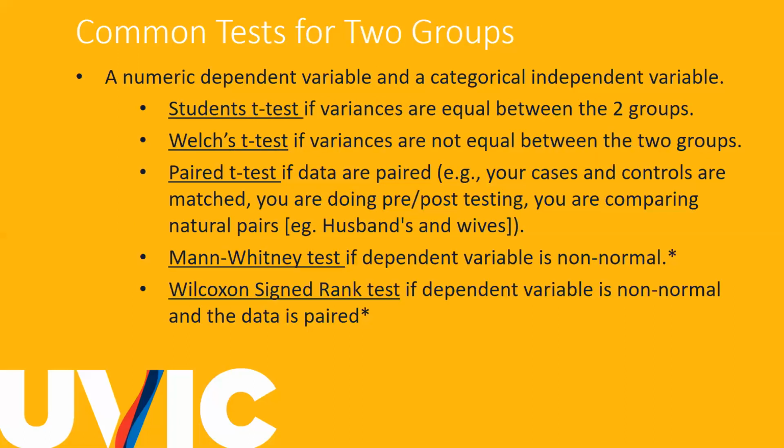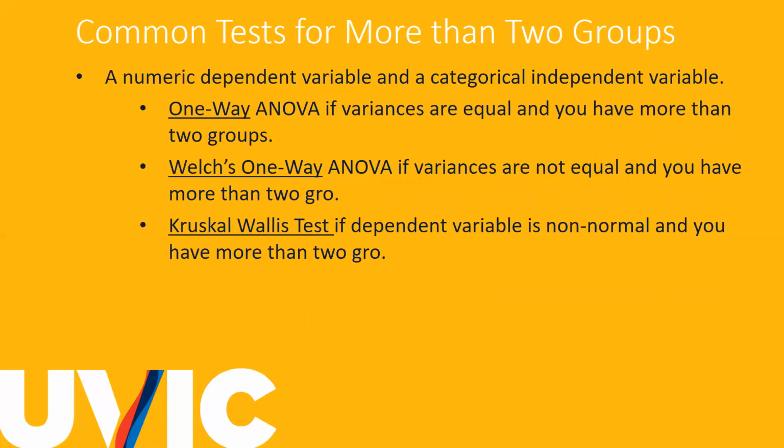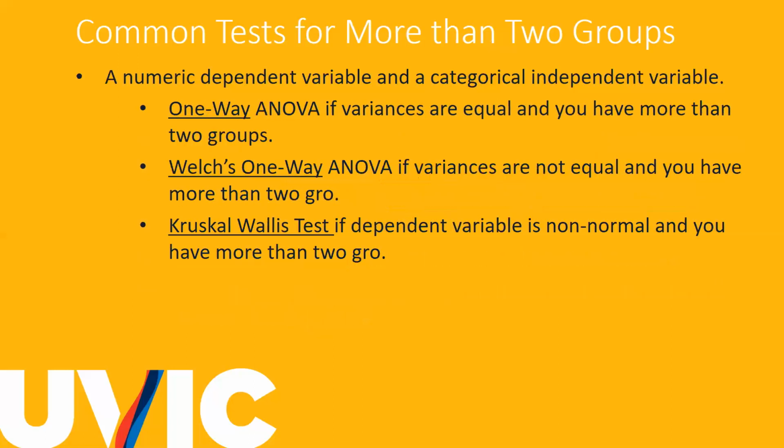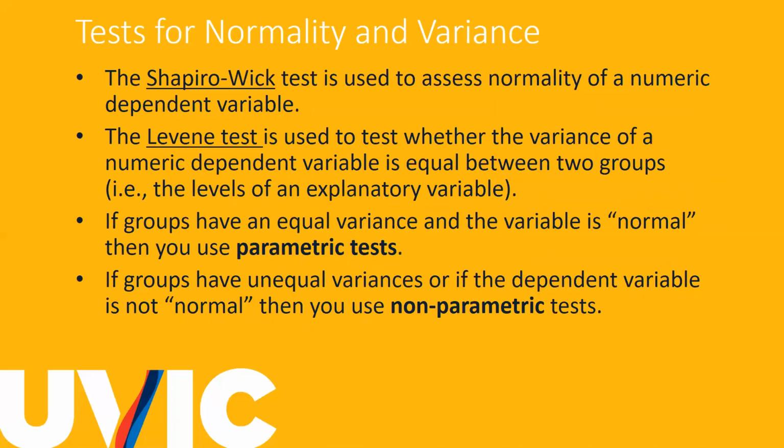So one-way ANOVA replaces the Student's t-test. Welch's one-way ANOVA is used if the variances are not equal, so it replaces the Welch's t-test. And then if the dependent variable is non-normal and you have more than two groups, then that's the Kruskal-Wallis test. So those tests are basically for more than two groups.